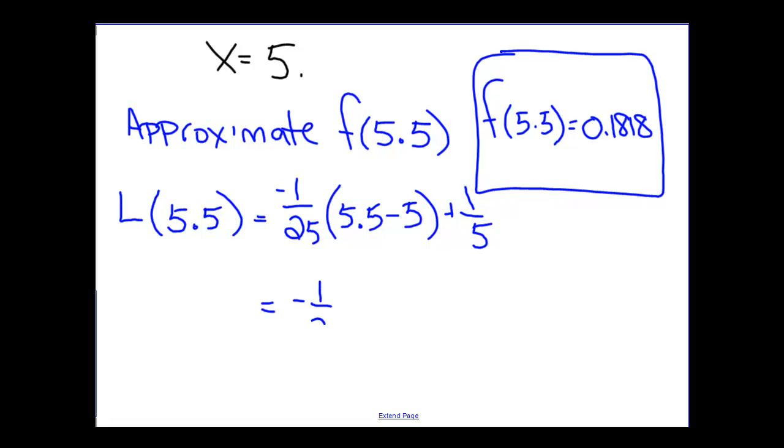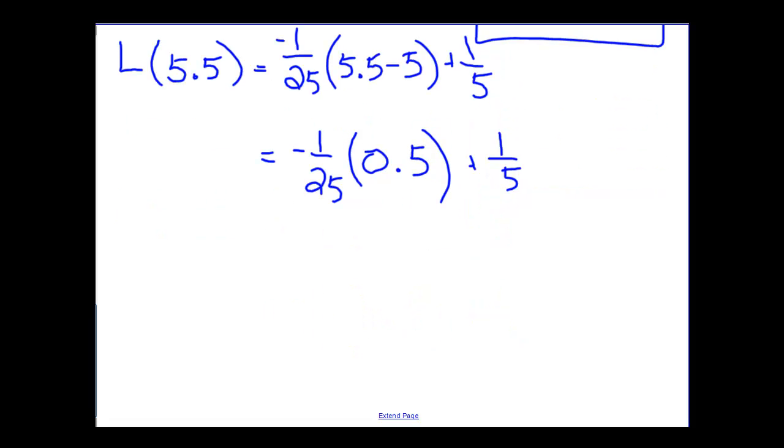So if we evaluate this now, this becomes minus 1 over 25 times 5.5 minus 5, which just becomes 0.5, plus 1/5. Okay. We can go through now and work things out a little bit. Minus 1 over 25 times 0.5 is going to be half of 1/25, so this is going to be minus 1 over 50 plus 1/5.